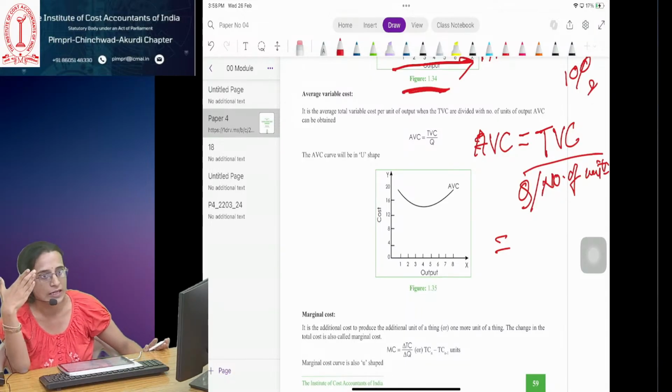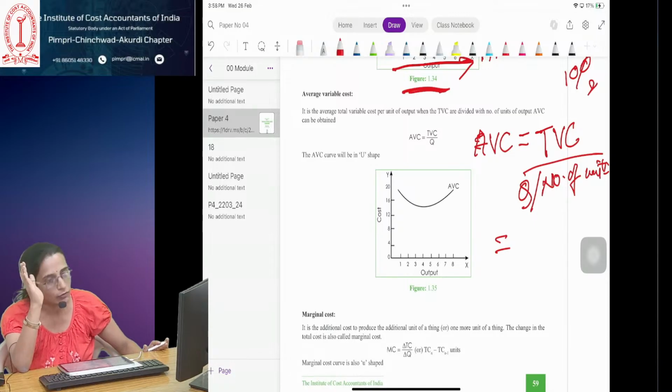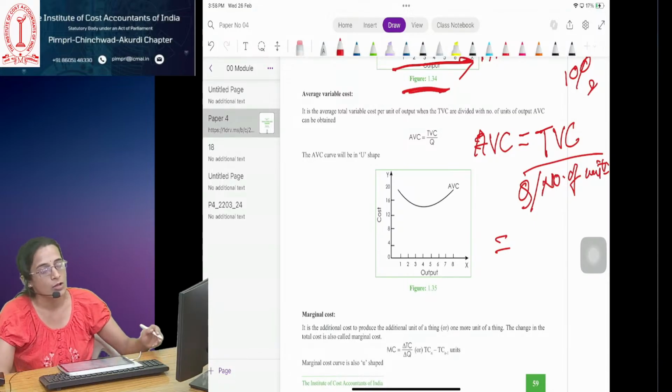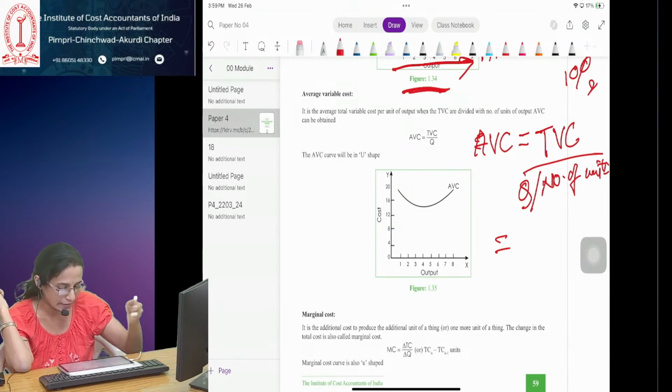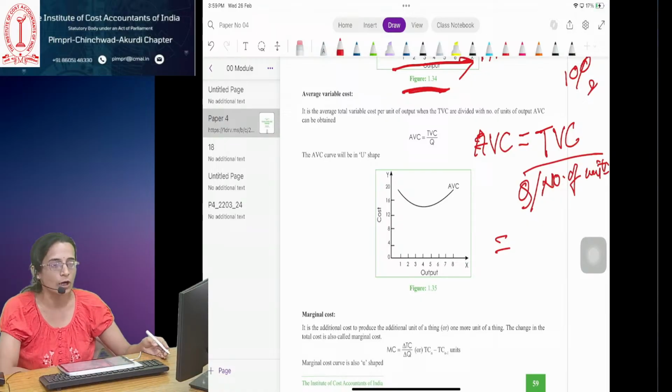Previously, with fixed cost, the numerator was fixed and only the denominator was increasing, so the value was becoming less and the curve was falling, right? But now both the numerator as well as the denominator are changing. As the number of units of output increases, variable cost will also increase, right, Piyush? So both the numerator and denominator are changing, so this is a U-shaped curve. Got it?